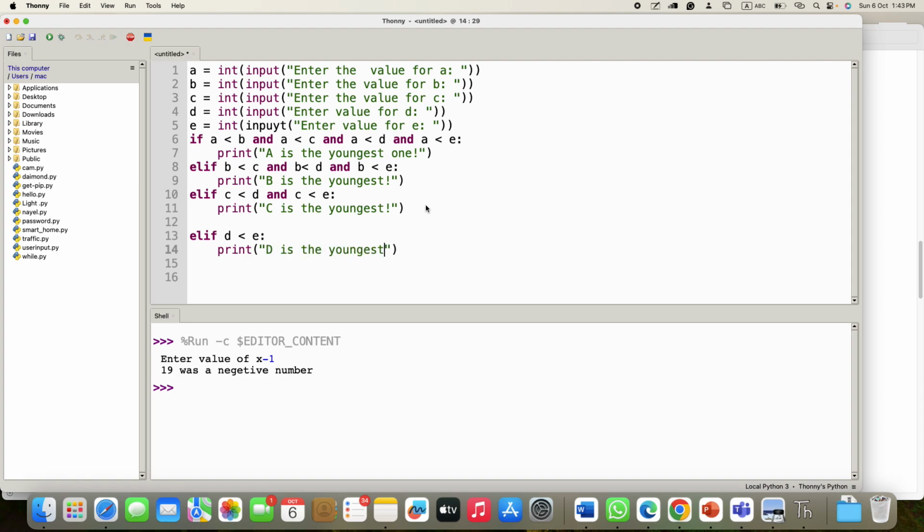But if that is not the case, then else, there's only one option left, and that is E is the youngest one.